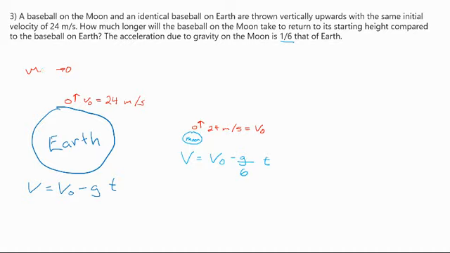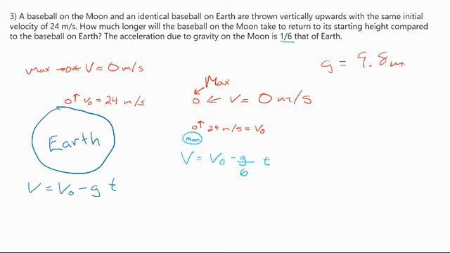So whatever the max is in both cases, well, what's the final velocity at the max height? 0 meters per second. And then, of course, we know that G is 9.8 meters per second squared. All right, try to crank through this real quick. We only have 3 minutes.